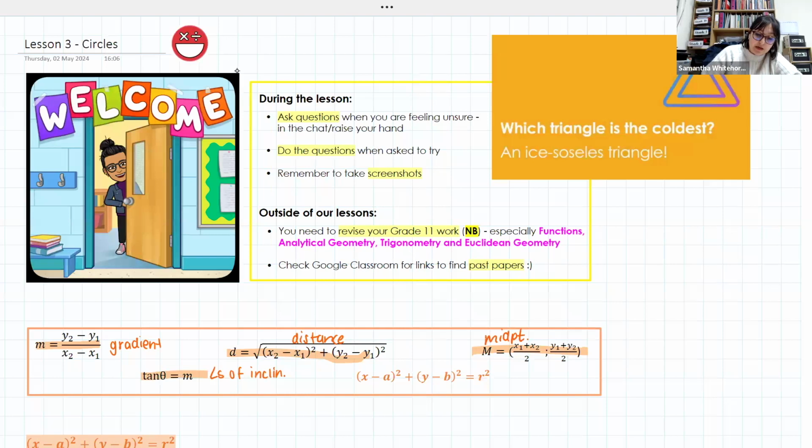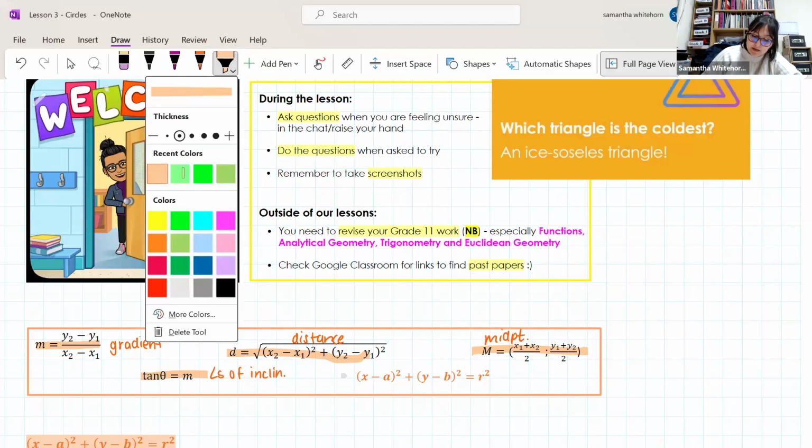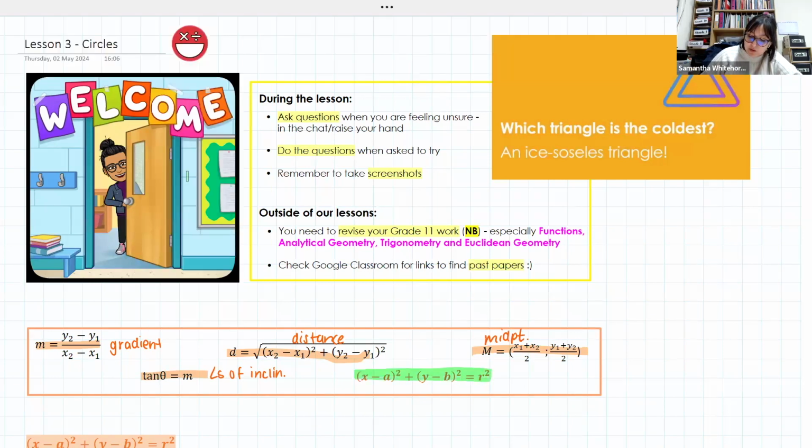The formula we're going to have a look at today is this one down at the bottom: x minus a squared plus y minus b squared is equal to r squared. I see there's a question on the chat: can we use our circle knowledge from Euclidean and apply it to analytical geometry?